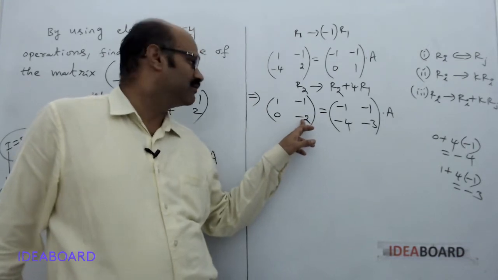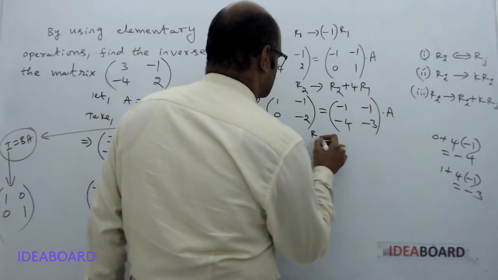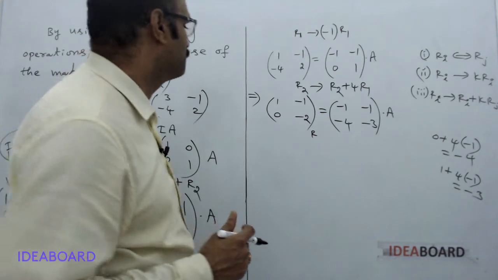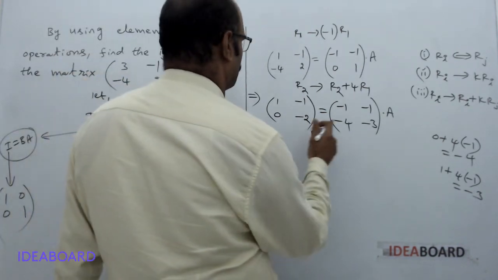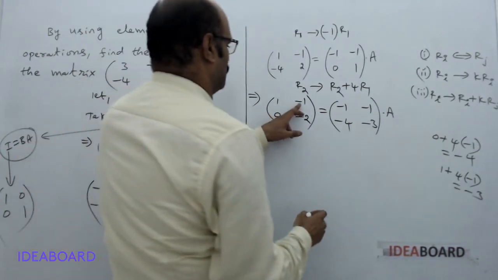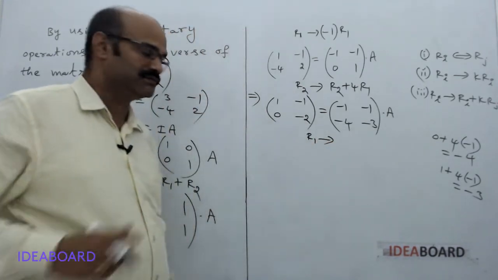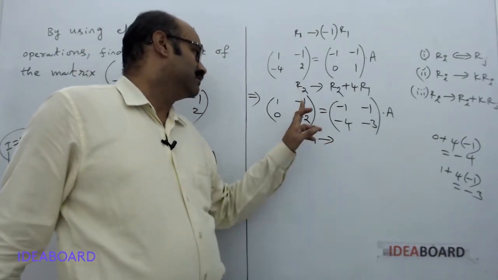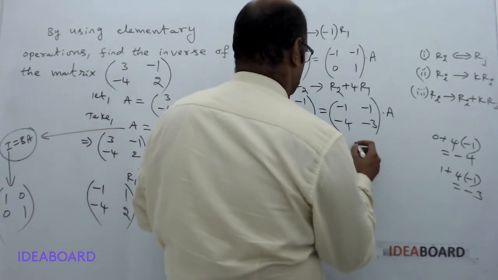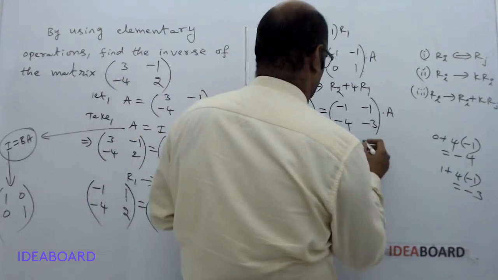To get 1 here, what we have to do is, I will make this one 0, so I will take R1 implies 2 into R1 minus R2.